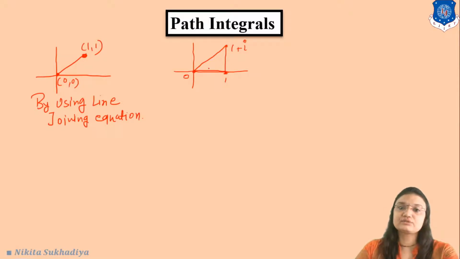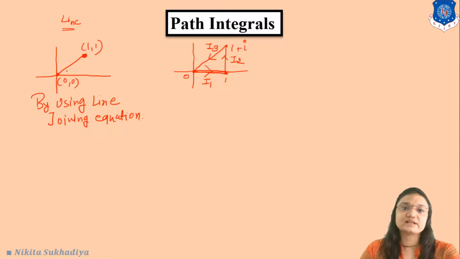For that we take this line as path number 1, that is I1, this line as path number 2, that is I2, and this line as path number 3, that is I3. In line integrals we solved integration with the help of the line joining equation.